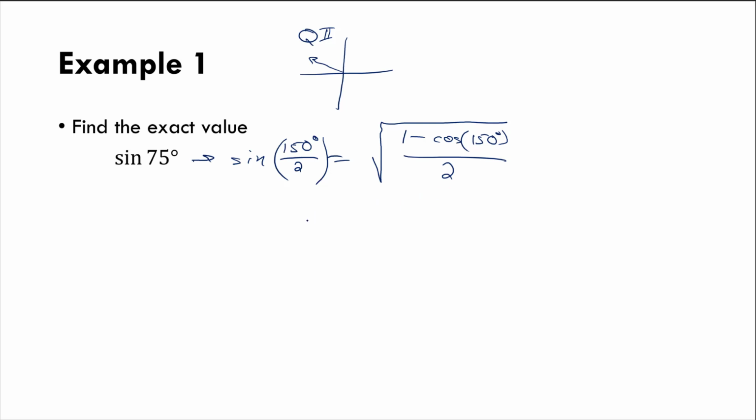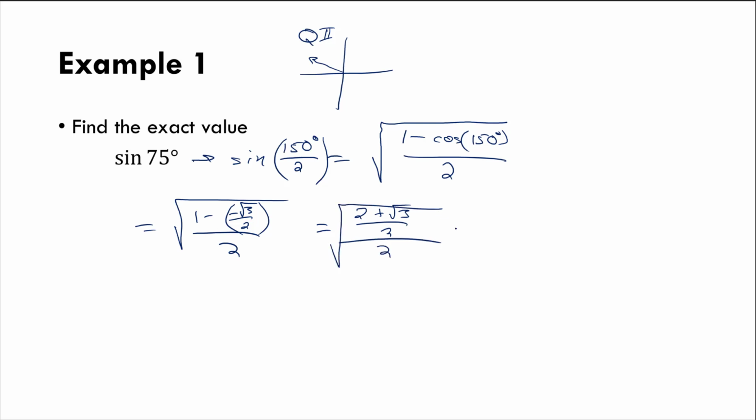Cosine of 150 is negative root 3 over 2, so this is going to be equal to the square root of 1 minus negative root 3 over 2, all over 2. If I make my 1 into 2 over 2, we can combine these on the top. That's going to be 2 plus root 3 over 2, all divided by 2, under my square root there.